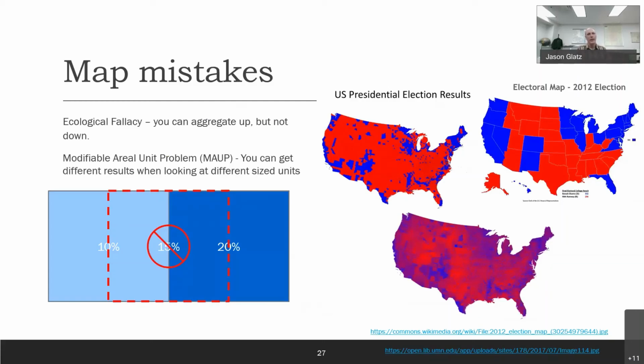You see these kinds of electoral maps every election, where the whole state is colored one color or the other, whether it goes Democratic or Republican. That makes for a visually captivating map, or a very distinct map, but it's not necessarily a good depiction of reality.